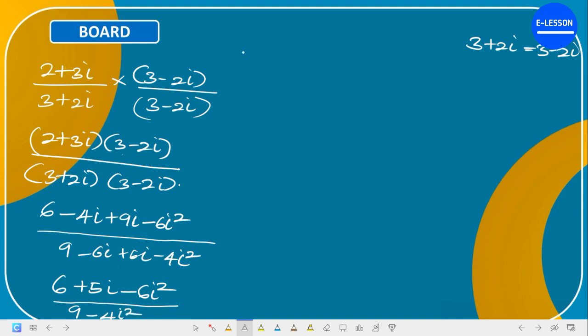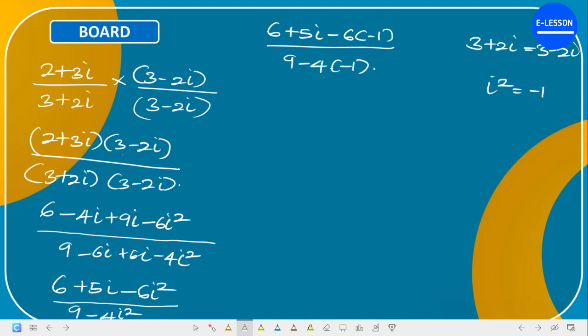Now, we know that i square is usually minus 1. So this gives us 6 plus 5i minus 6 bracket minus 1, divided by 9 minus 4 bracket minus 1.